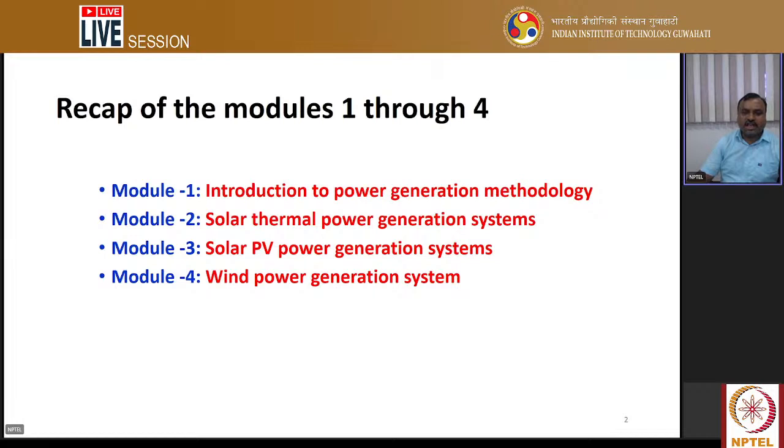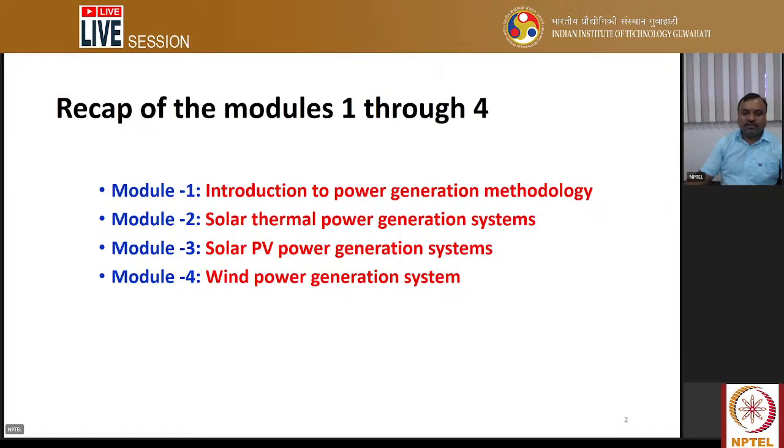And examples like, suppose we are trying to build a water pumping system for irrigation, then we know the amount of water required, and to get that water for a particular paddy field, the amount of solar PV required was calculated and demonstrated as far as the design is concerned.